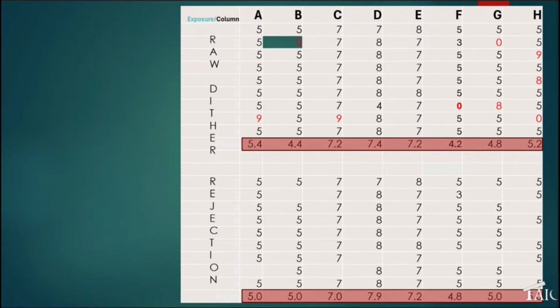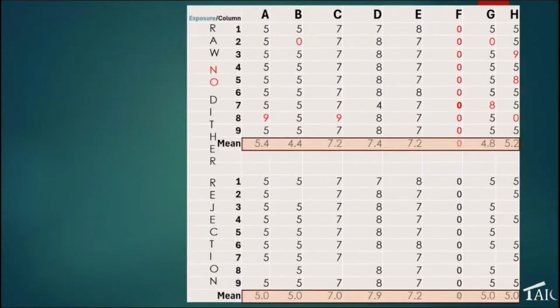Let's take a look at what happens if we don't dither, though. That was dithered shots. 9 exposures without dithering, not too much difference up on top here, okay, except it's one column over here. That column had a bad pixel in it, and so every time it reported a 0.